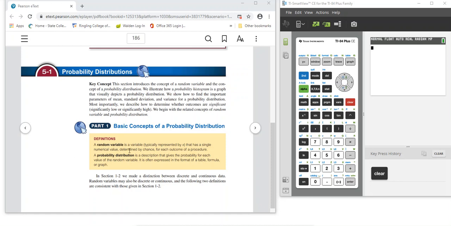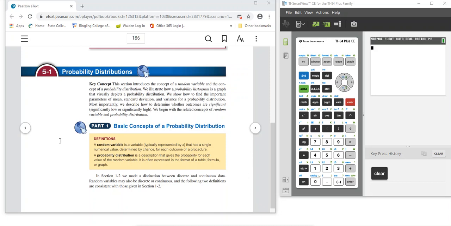So we see it says a random variable that has a single numeric value. Remember that a function has that pairing that you talk about when you define a function, so each input has one unique output, and it says that it's determined by chance for each outcome.